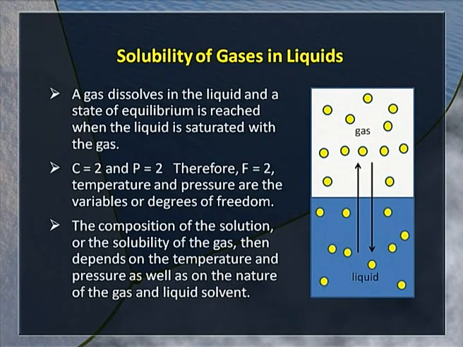It tells us that the composition of the solution, in other words, the solubility of the gas in the liquid, depends on temperature and pressure. But we should not forget that the solubility also depends on the nature of both the gas and the liquid concerned. Let us move forward.